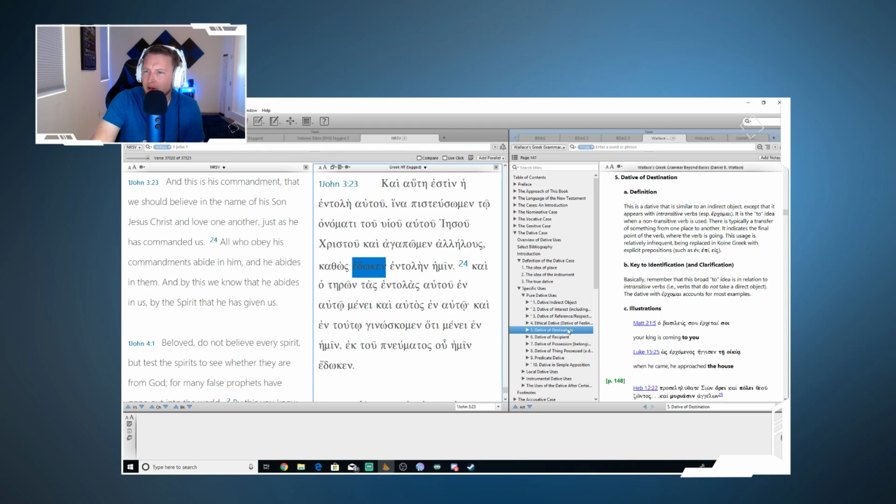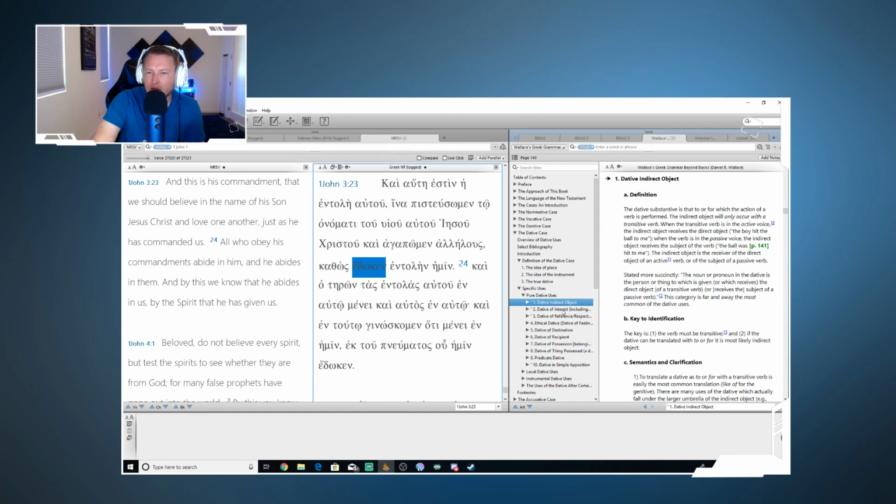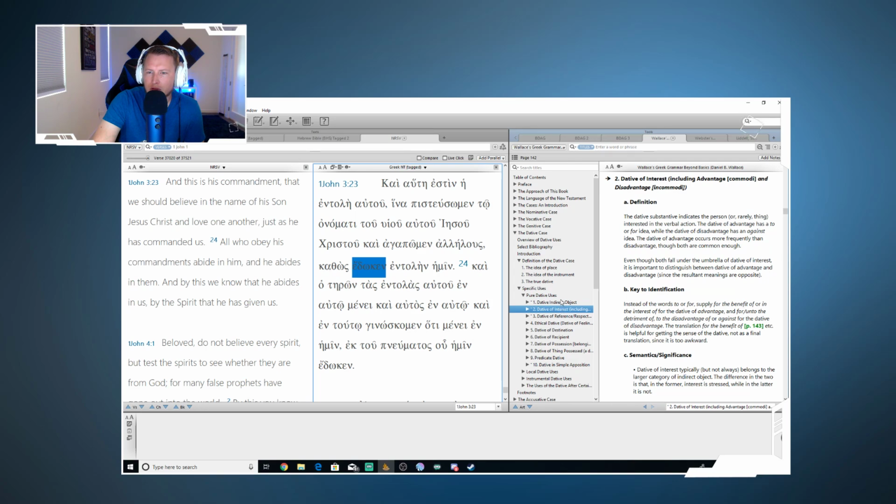Destination? No, that's not quite right. There is typically a transfer of something from one place to another. No, that's not quite it. Not possession. Maybe it's just indirect.